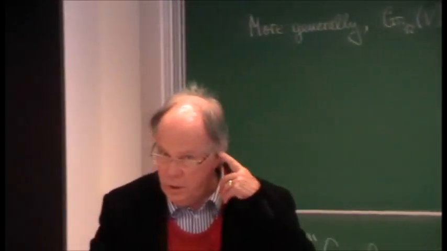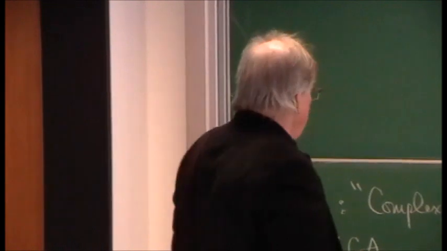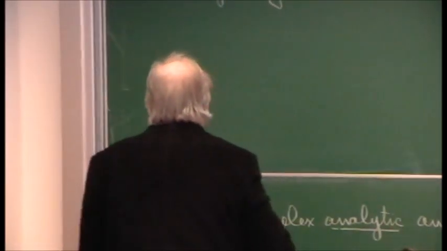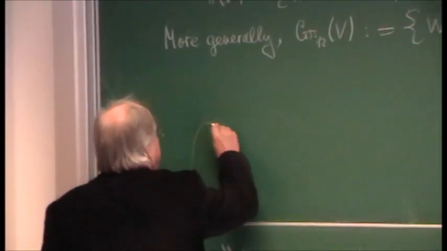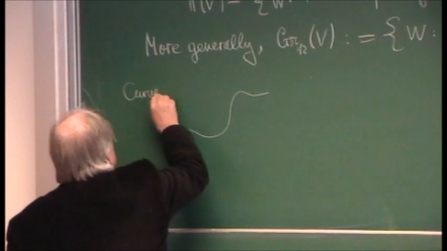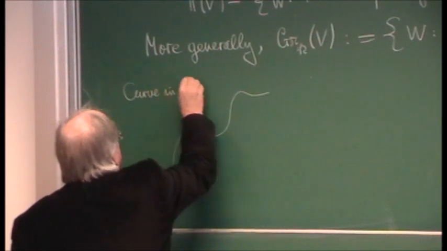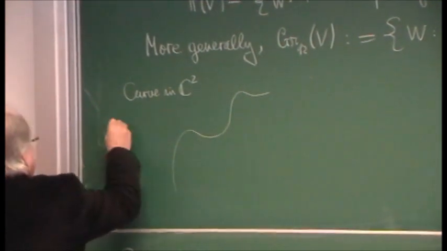Before going on to discuss this in some rigor, let me just say an example of why you are interested in these things. Suppose you have a curve, just a simple matter, a curve in C2. But this should be a complex curve.